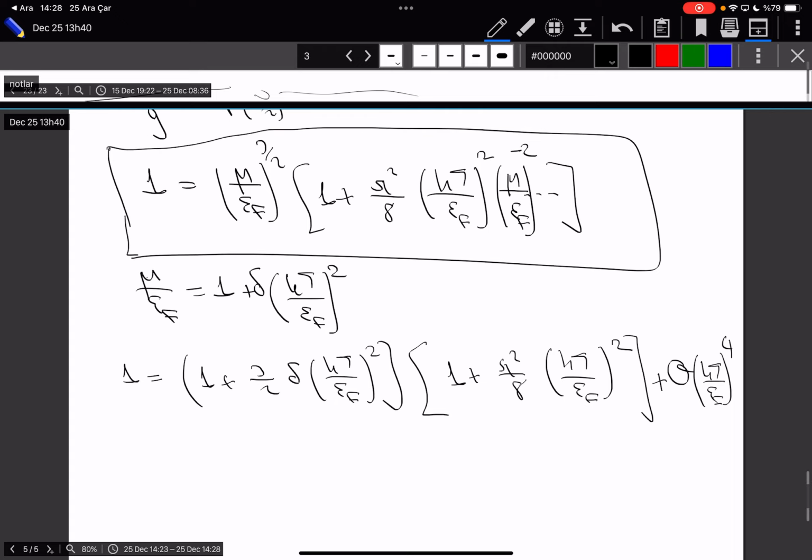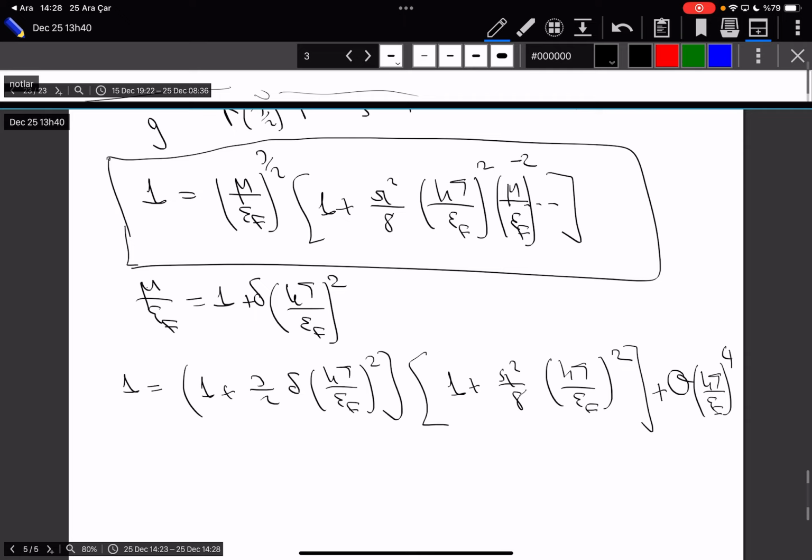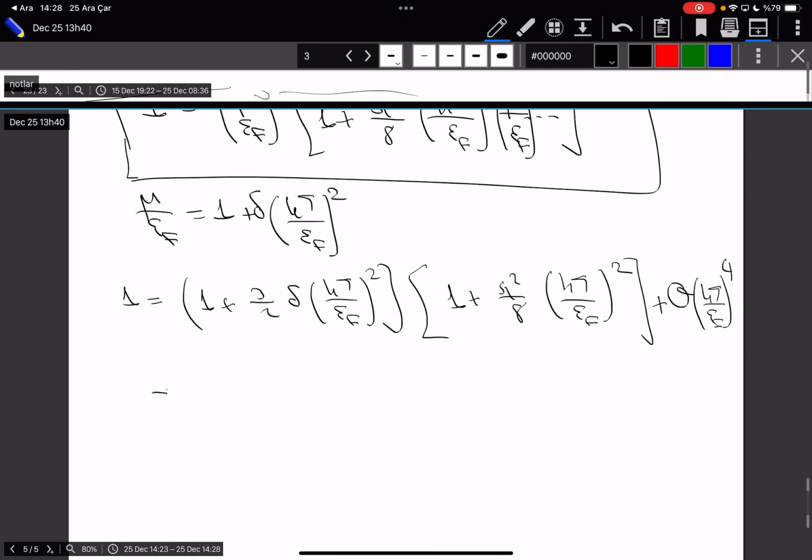Now you might ask how I could ignore mu over epsilon Fermi to the power minus 1. That factor is 1 plus something of the order of kT over epsilon Fermi squared, but it is multiplied by the factor in front. That gives me a correction of the order of kT over epsilon Fermi to the 4th power. Those I am ignoring. I'm just looking at the first correction to mu over epsilon Fermi. Let me open up this parenthesis.